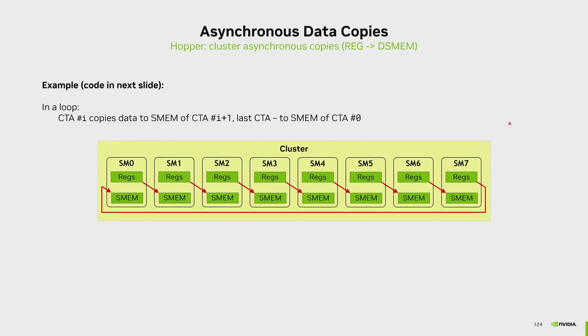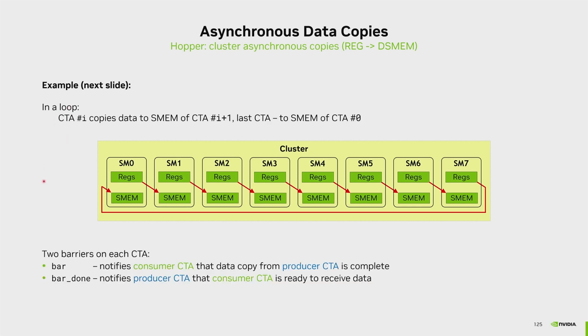So let me show you an example. We have a loop where we have 8 CTAs in a cluster, and each CTA sends data to the neighbor on the right. It does it in a circular way, so the last one sends data to the very first CTA. And this happens in the outer loop.